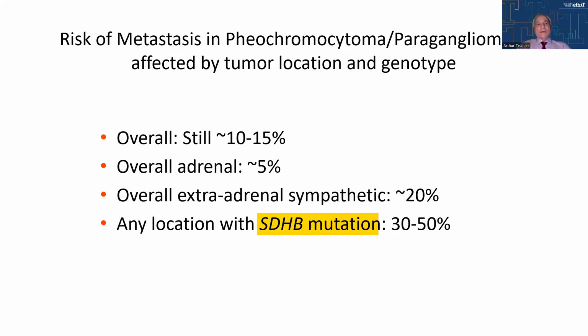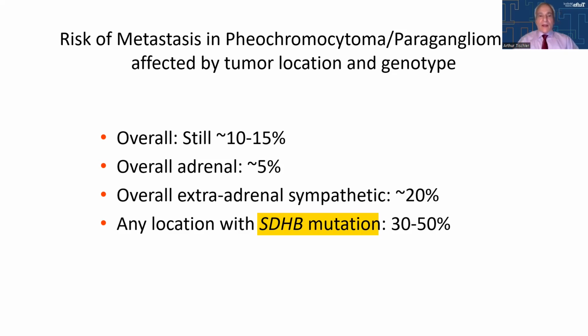The risk of metastasis in pheochromocytoma and paraganglioma is affected by tumor location and genotype. Overall, it is still somewhere between 10 and 15%, and overall for the adrenal, it's still somewhere around 5%, while for extraadrenal sympathetic paragangliomas, the risk is approximately 20%.